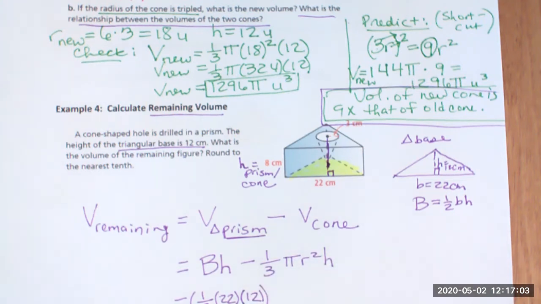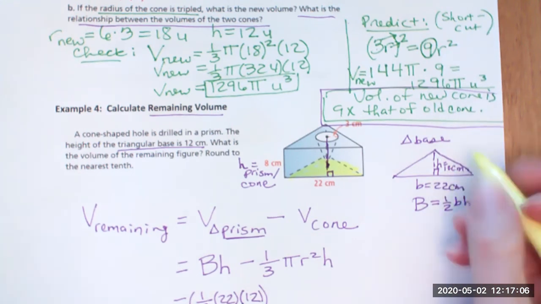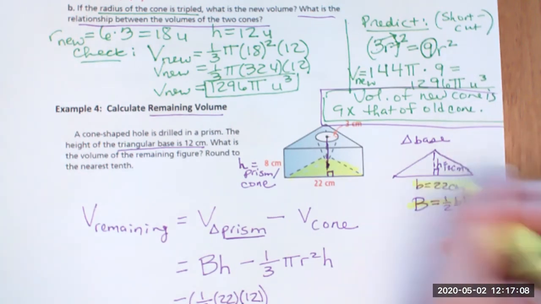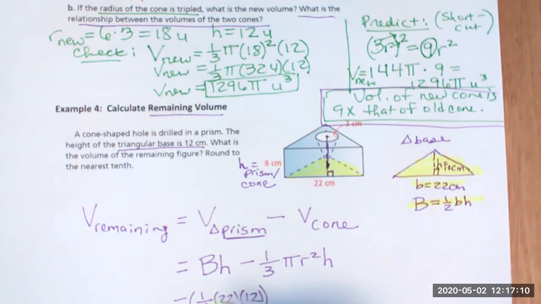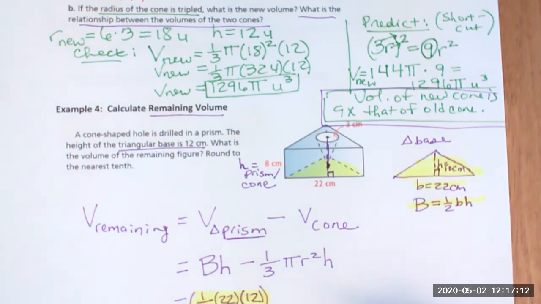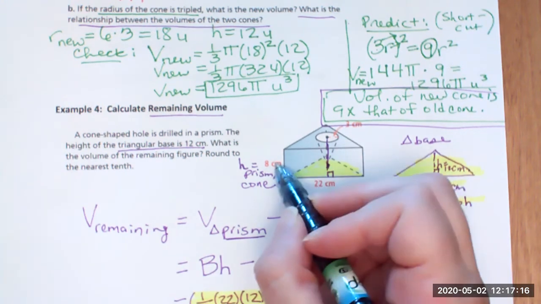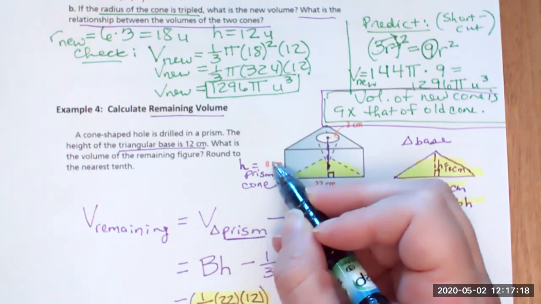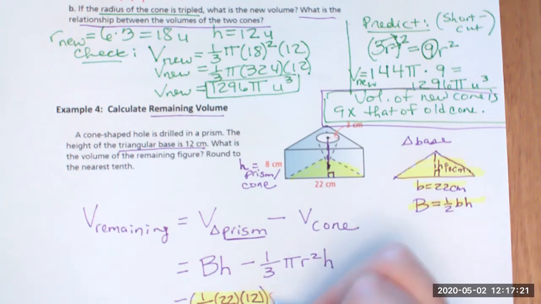Okay, and I'm going to highlight so we understand where this is coming from here. Okay, that's this area. While the height here, h is the height of the prism, which is 8 centimeters. Okay, that's this value.